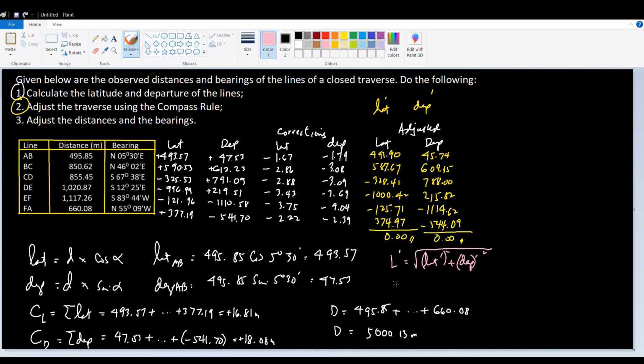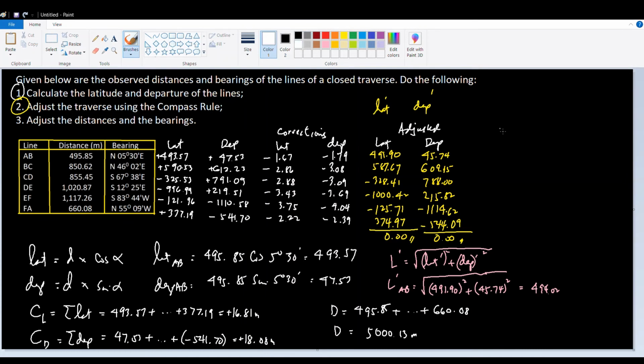So the adjusted length of line AB will be the square root of 491.90 squared plus 45.74 squared. And that should give us, for AB, 494.02.